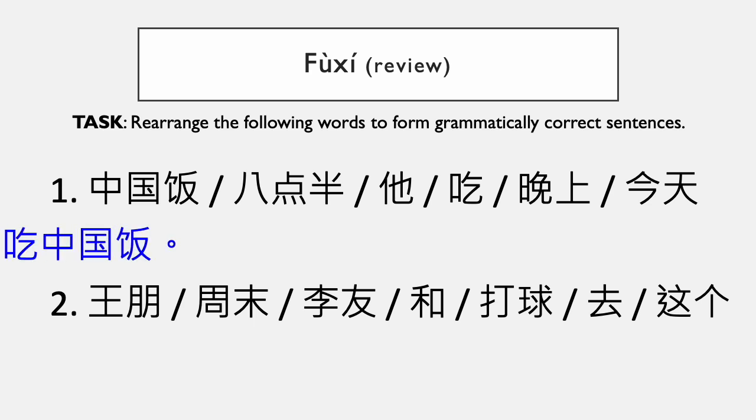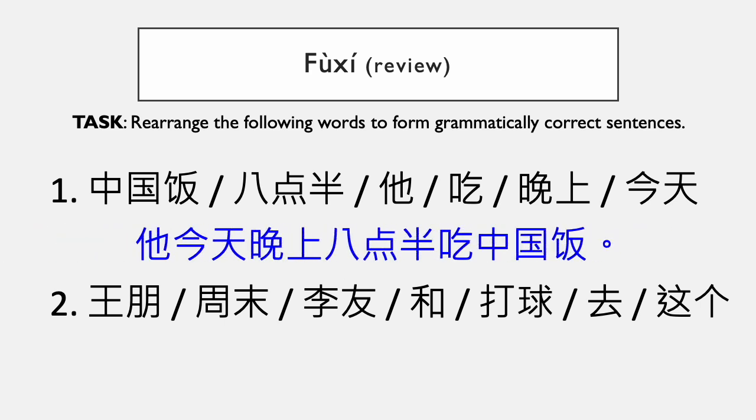第一，他今天晚上8点半吃中国饭。So again, we're beginning the sentence with the subject, 他, which is then followed by the time phrase. And here we're talking about 8:30 in the evening. So we say, 今天晚上8点半.